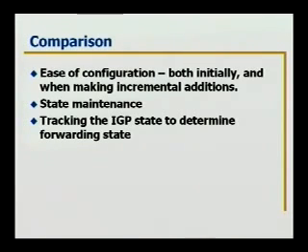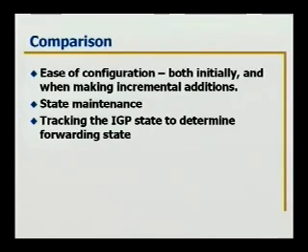I have to maintain either a relationship with a constant number of neighbors, or I have to maintain state for some number of tunnels, n number of tunnels, where n is going to grow every time I add a new node in the network. So there is a cost there too.